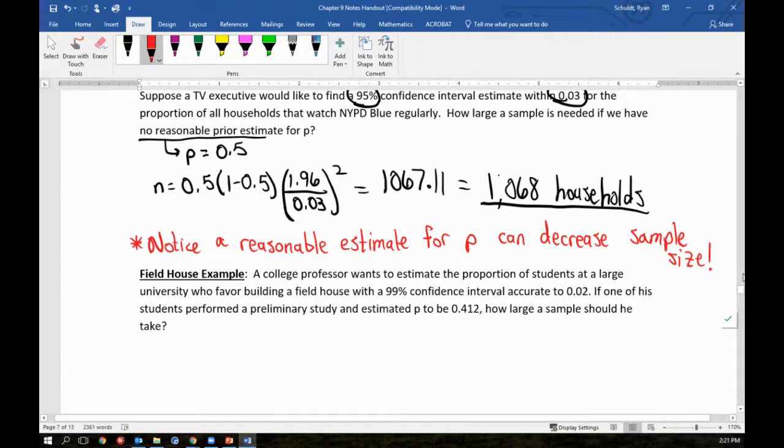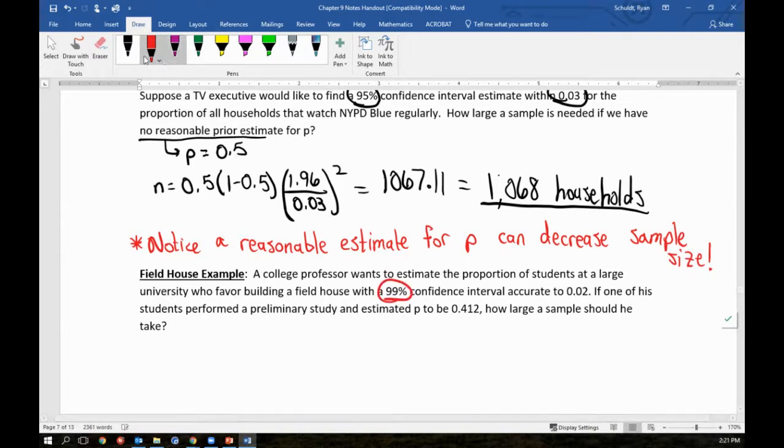Okay, last one. The field house. A college professor wants to estimate the proportion of students at a large university who favor building a field house with a 99% confidence interval accurate to 0.02. So we have a 99% confidence interval.